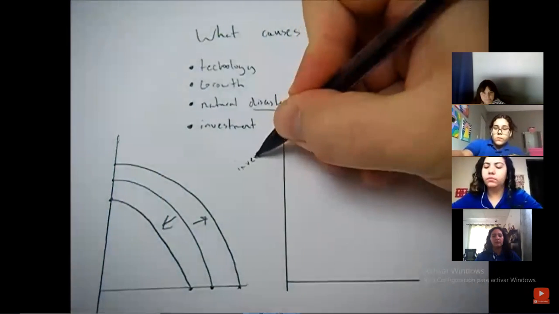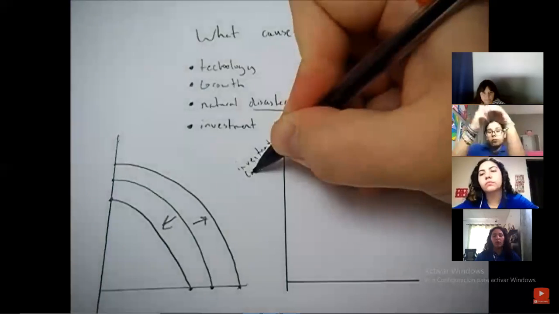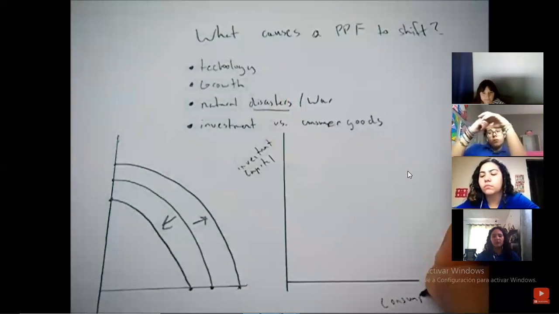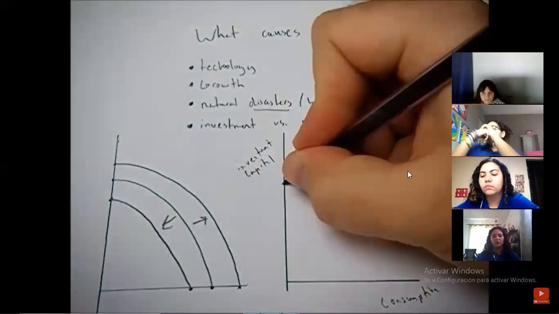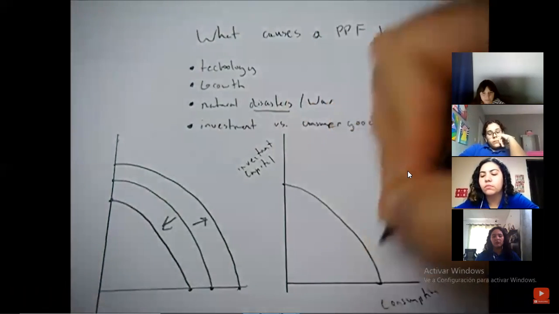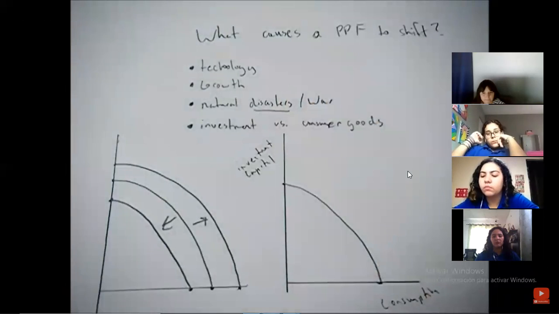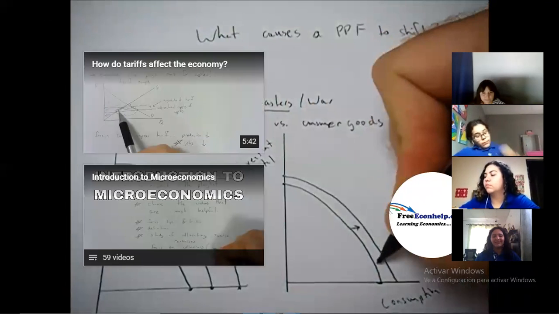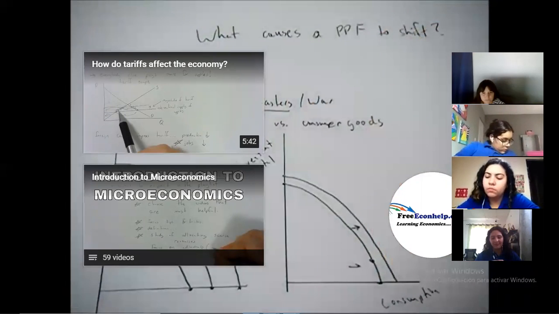Now with the last one, we have investment goods or capital goods versus consumption goods. So if we choose to consume today a lot of consumption goods like jeans and food, then in the next time period, we're going to have a very small shift out, limited growth in the economy. That would be if we consume a lot.